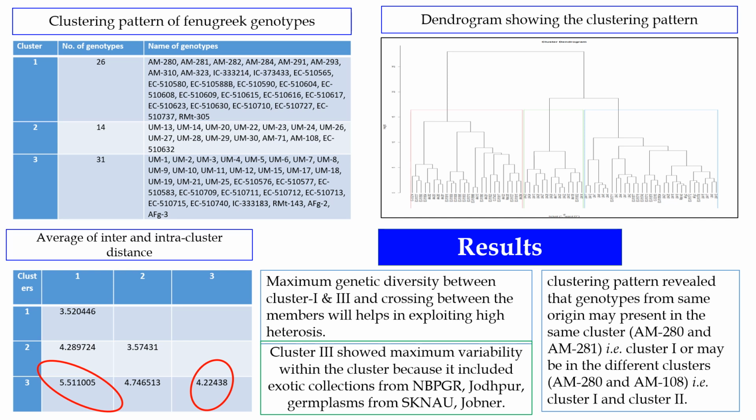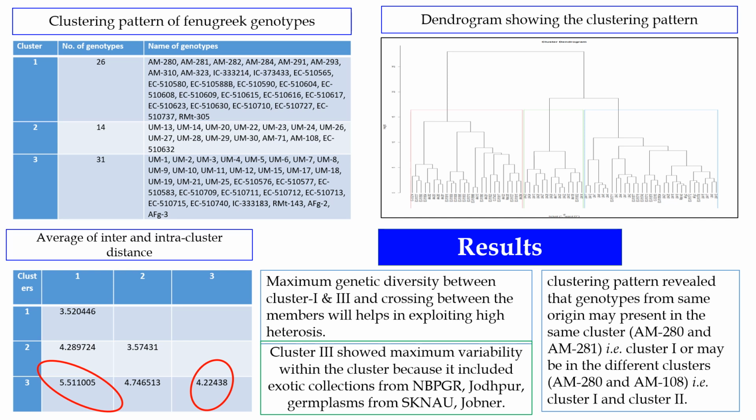Here cluster 3 showed maximum variability within the cluster because it included exotic collections from NBPGR Jodhpur and germplasm from SKNU Jobner also. Now coming to the dendrogram.